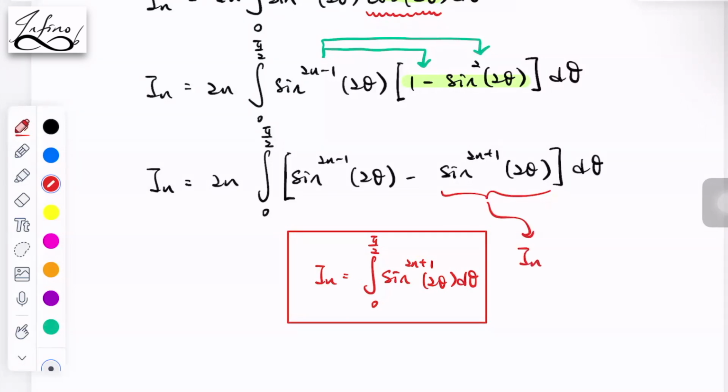But how about the first part? The first part here is what? It is your IN minus 1 if you look at the pattern, because the power is 2n minus 1.